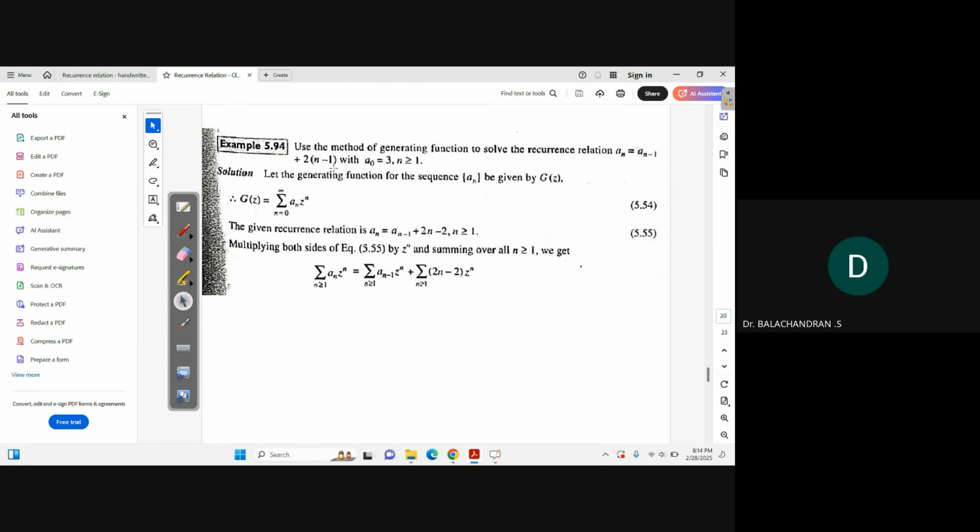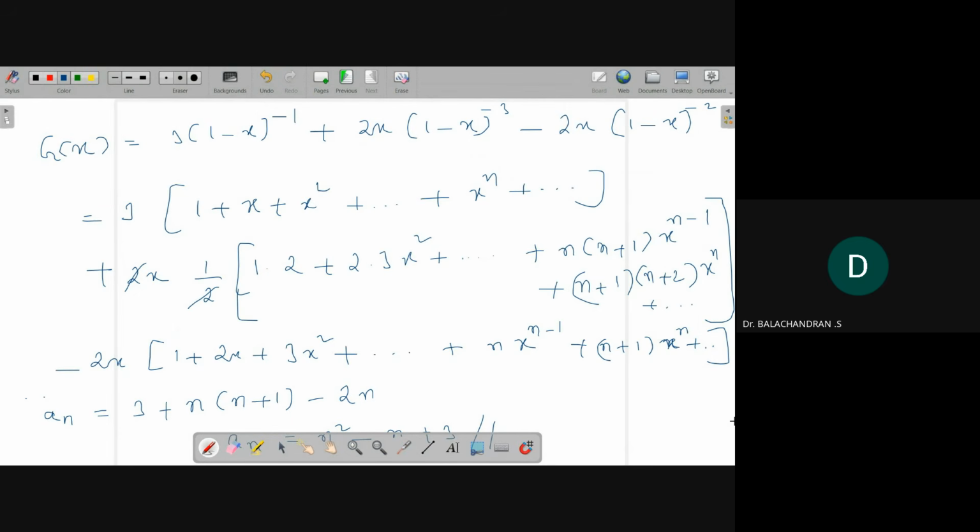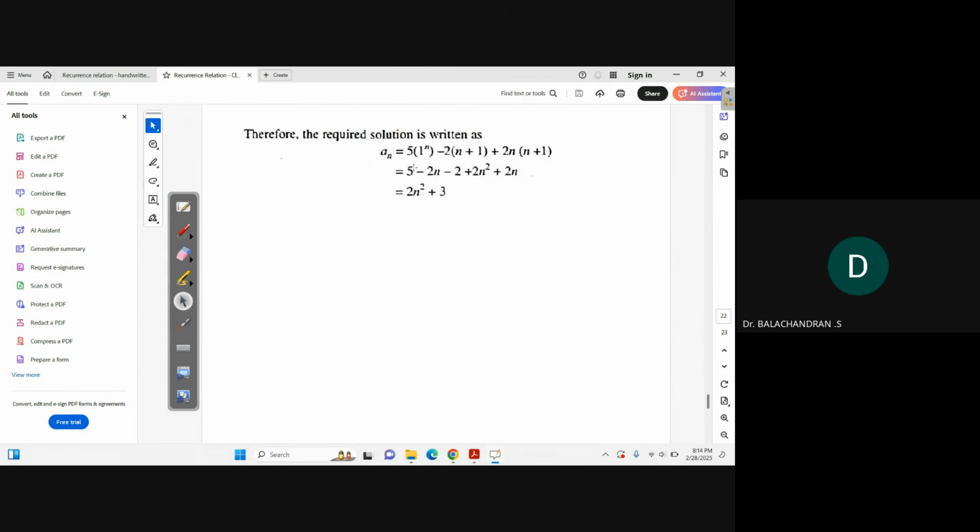Then I explained this one, 5.94. I don't explain two problems. I think there is some mistake here in this problem. So we got some other answer. I think we got n square minus n plus 3, but here 2n square plus 3.